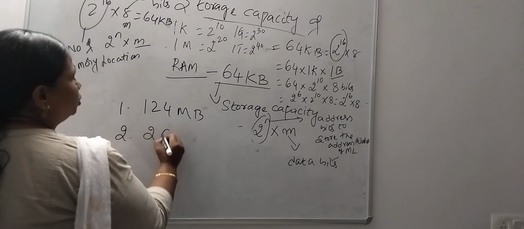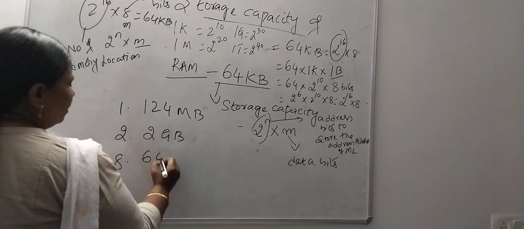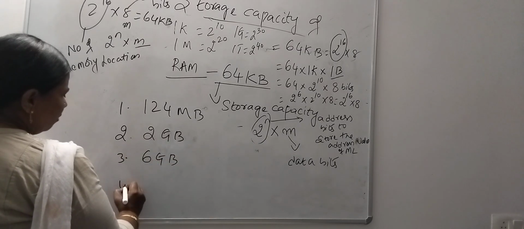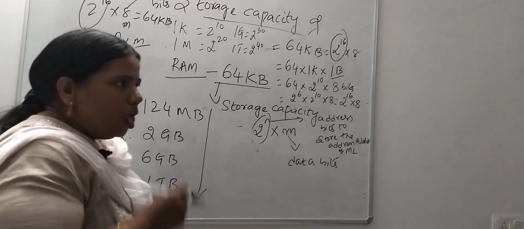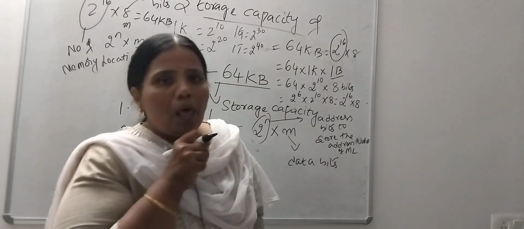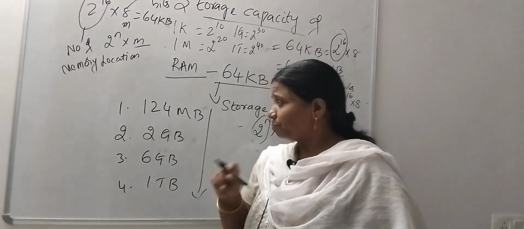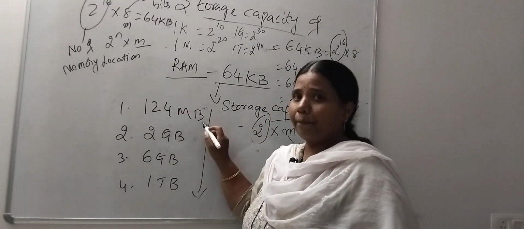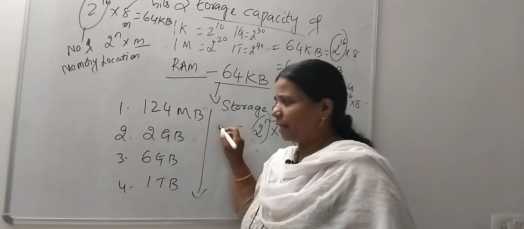Next you take 2 GB. Next you take 8 GB. Next you take 1 TB. Find out. For 124 MB storage capacity, find out the number of memory locations, data bits and address bits.